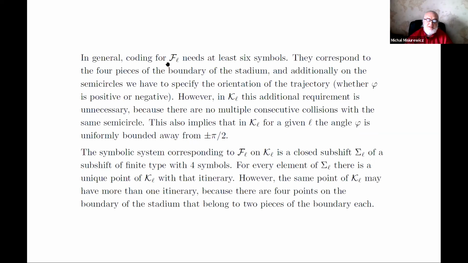Okay, so as I said, usually it needs 6 symbols, and additionally we have to specify whether we go up or down there. But since we assume that there are no multiple consecutive collisions with the same semicircle, 4 pieces are enough.